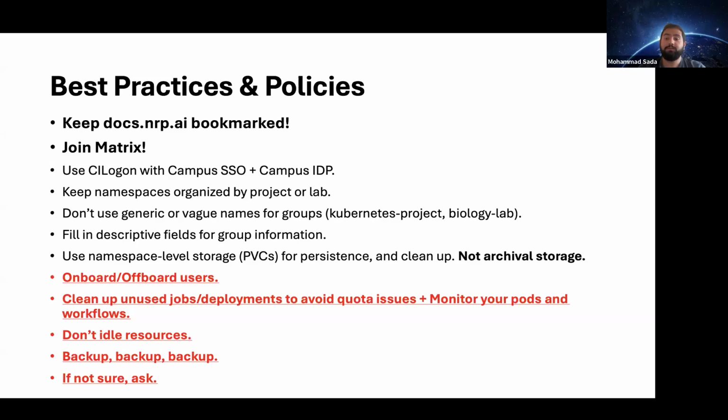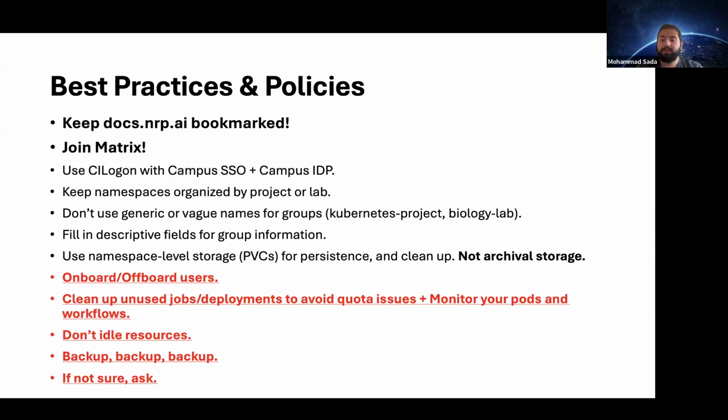So please always refer to our documentation. Once you get accustomed to using it, you'll see that we provide you with all the examples and all the info you need, including cluster policies, so you don't fall into any involuntary violation of policies and rules.